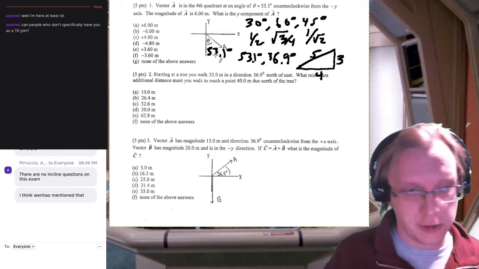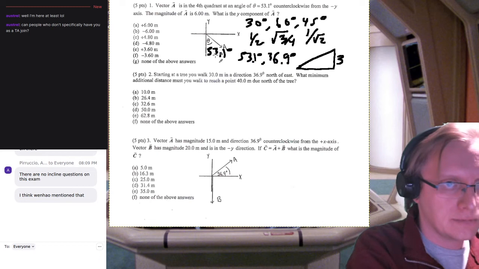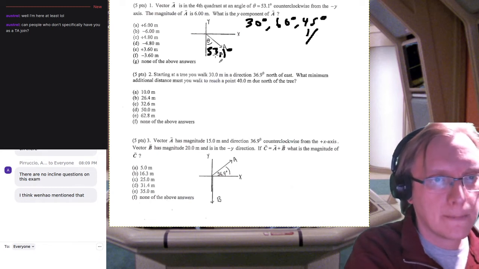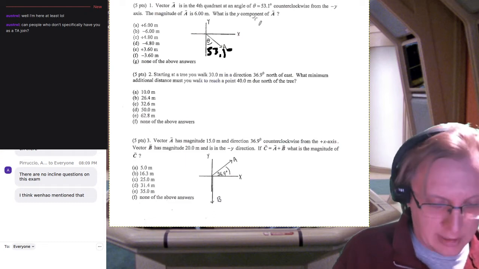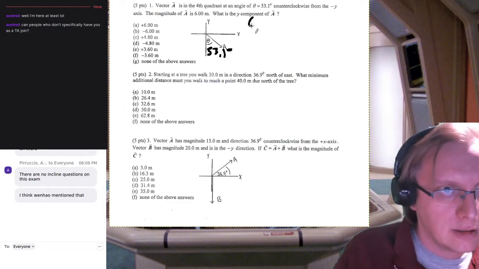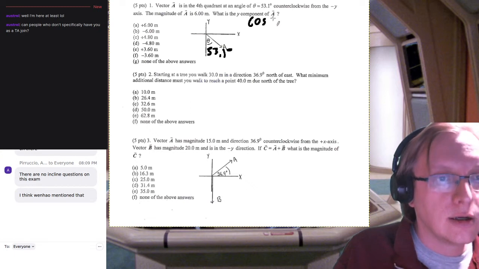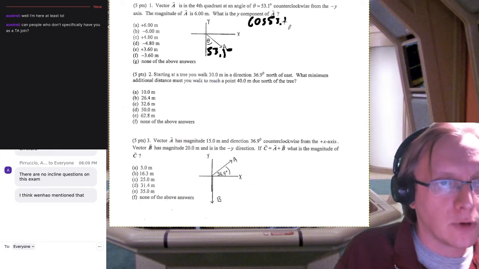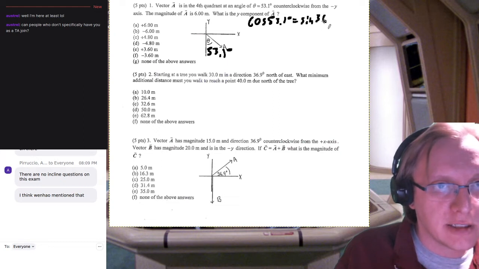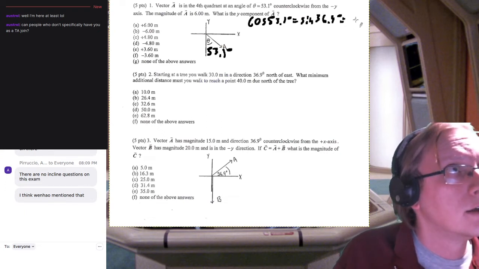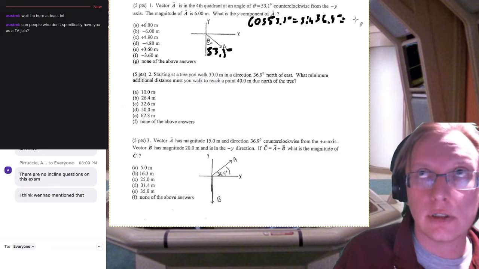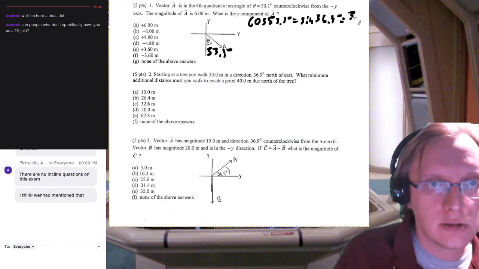So if you were so inclined, you would make note that cosine of 53.1 degrees, sine of 36.9 degrees is equal to, this here, that's the big angle, the small, that should be 3/5.